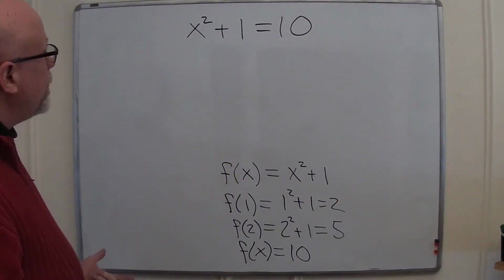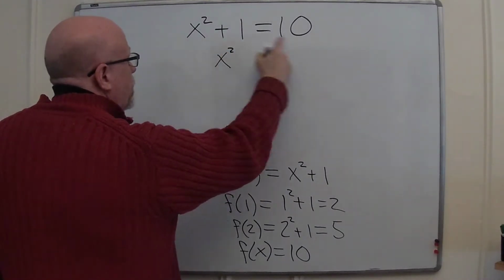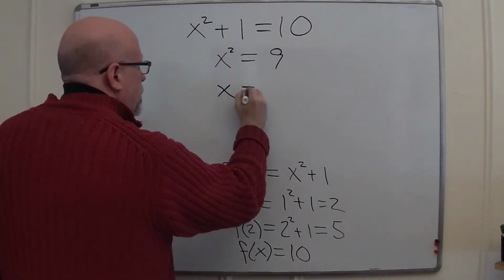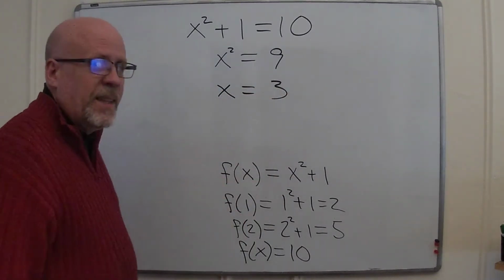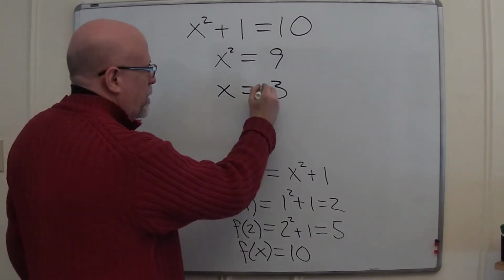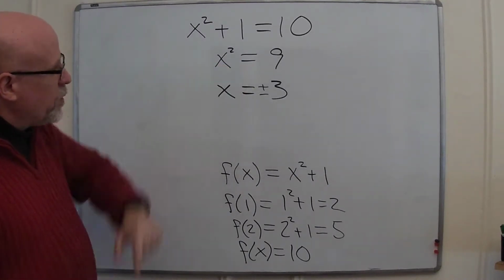Can we solve this? It's not very hard, is it? You take a 1 off of each side, so you get x squared is 9, and then that says x is 3, doesn't it? No, not quite. You should have a plus or minus in there. Yeah, because negative 3 squared would also get you 9.